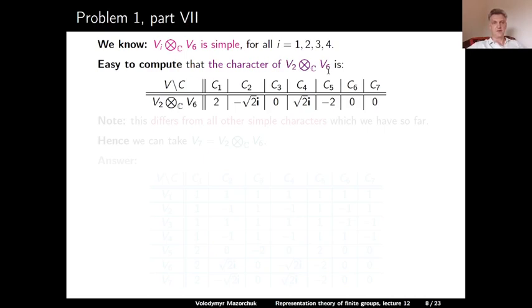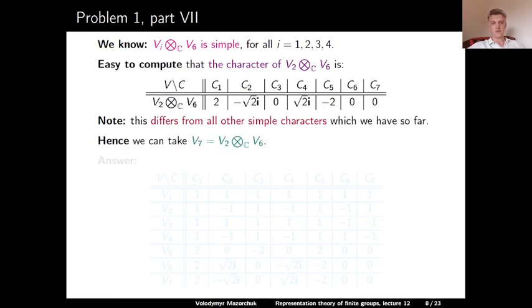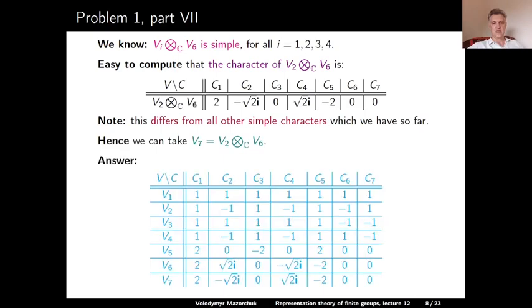We know the character of V2. We multiply the characters, and so we can read off the character of the simple module V2 tensor V6. And we see that the outcome differs from all other simple characters. So this means that this should be a new simple module. So we take as the last simple module V2 tensor V6. And we can now write down our answer.